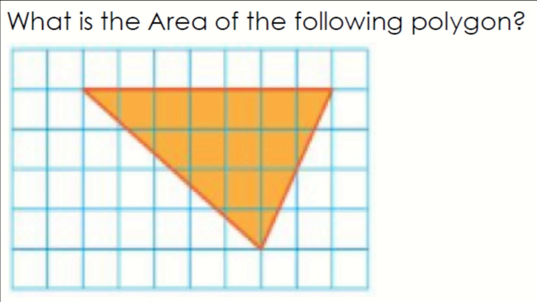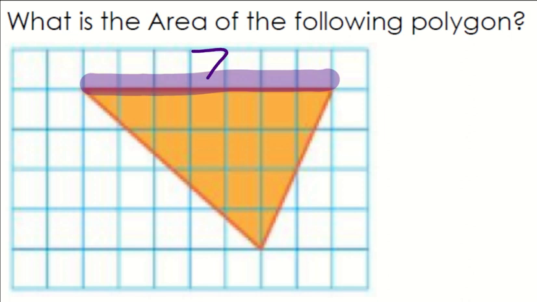All right, triangle. Little bit trickier. We still need a flat side. Okay? We have a flat side at the top there, that horizontal line. So we're going to use that. How many squares is that? 7.